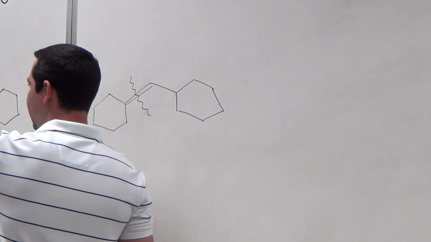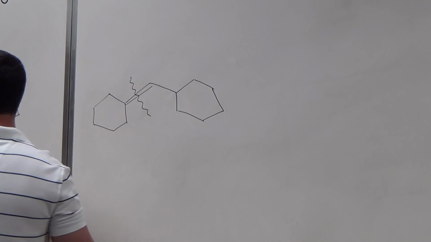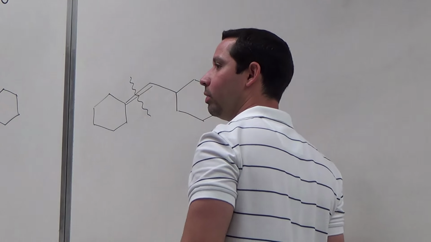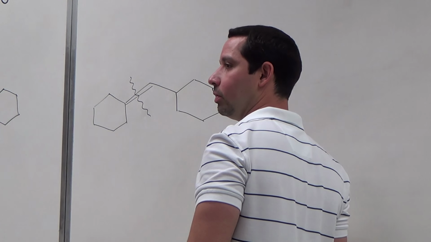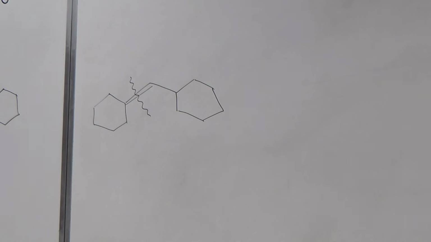How many carbons are in all of this? How many carbons between this ring and this ring? Guys, how many carbons do you see in between the two rings?